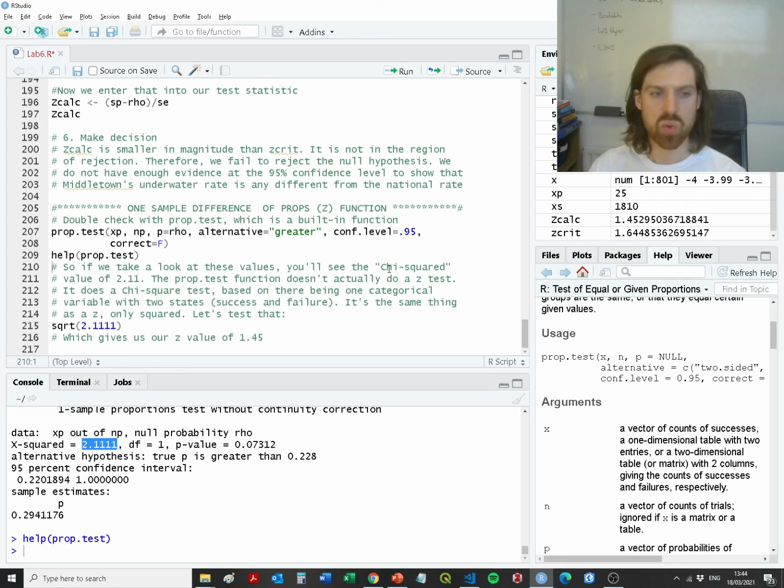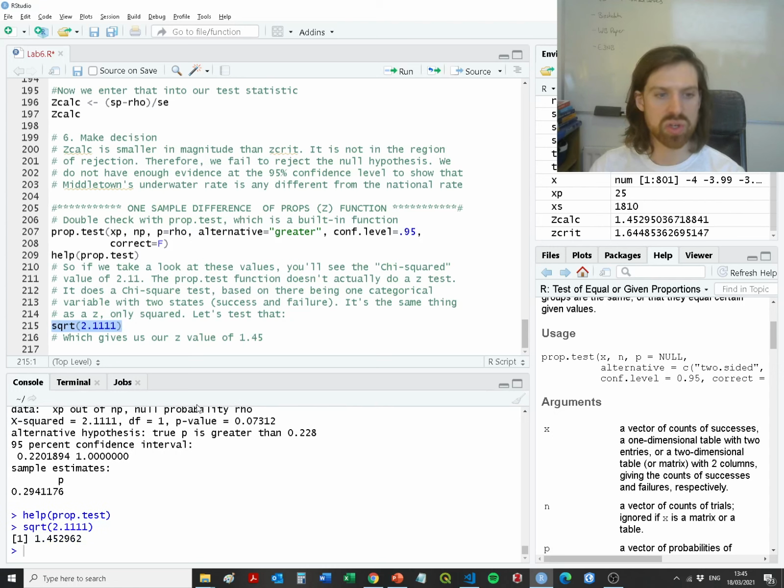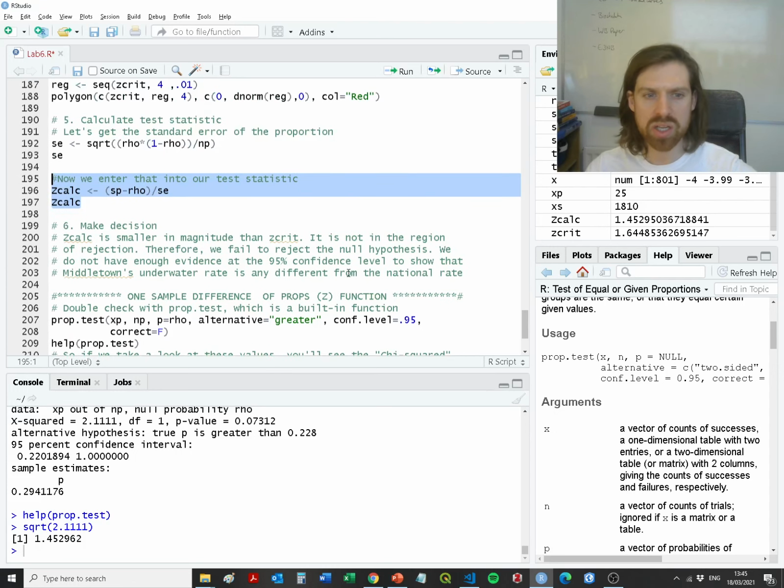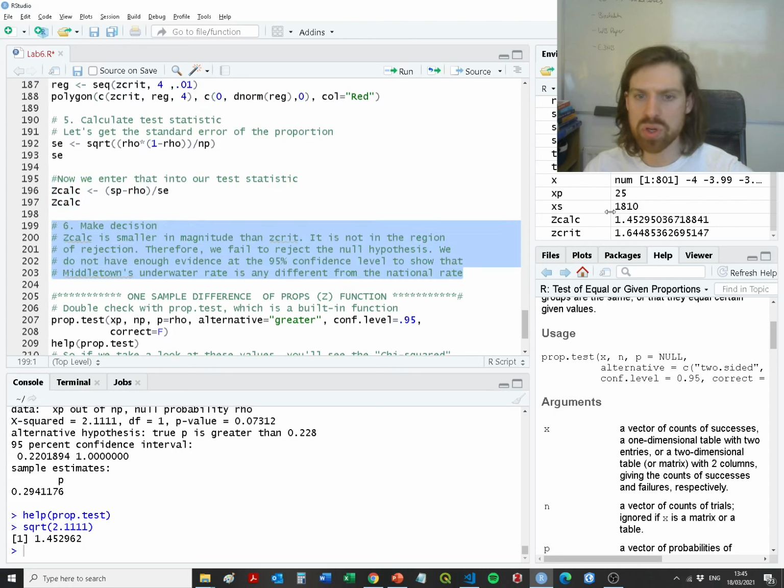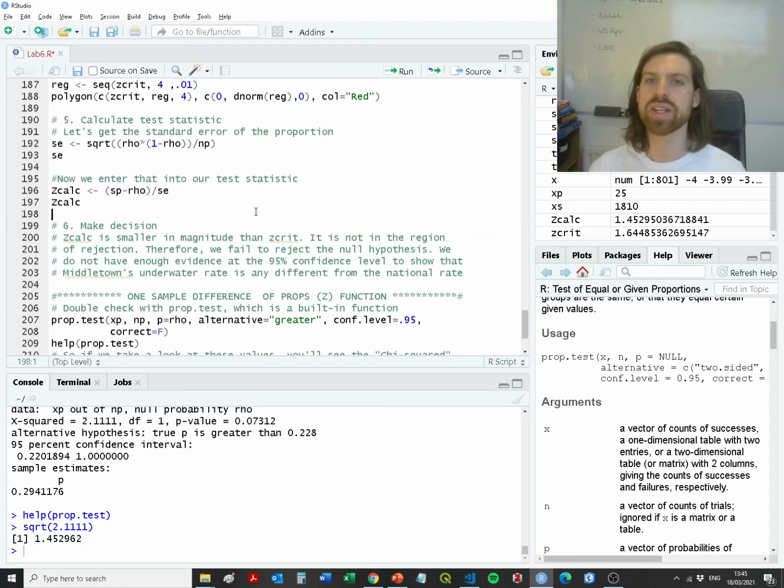The chi-squared value is essentially just a squared version of the z-score, so we can take the square root. When we do that, we end up with the 1.45 that we calculated manually just up here. If we look at the zcalc, it's 1.45 here. That matches our inbuilt function's 1.45, demonstrating that we were able to correctly calculate this specific test manually.